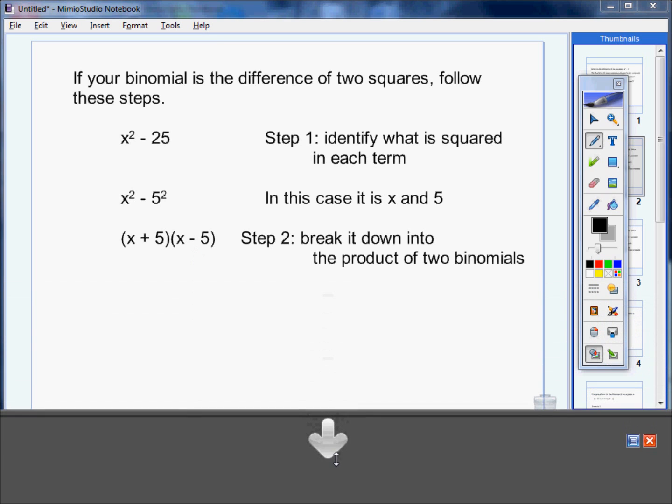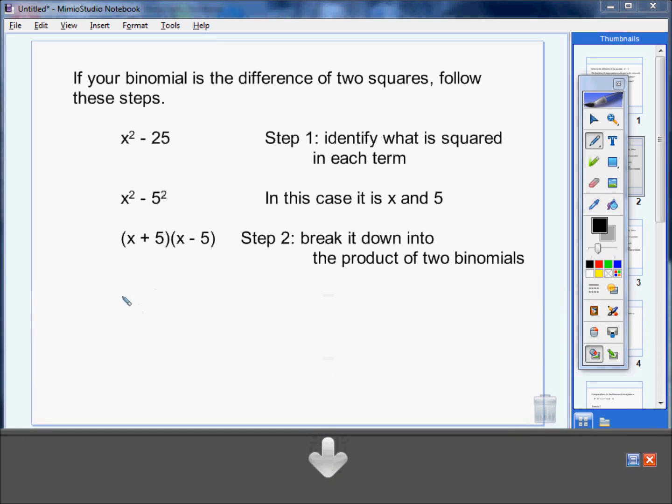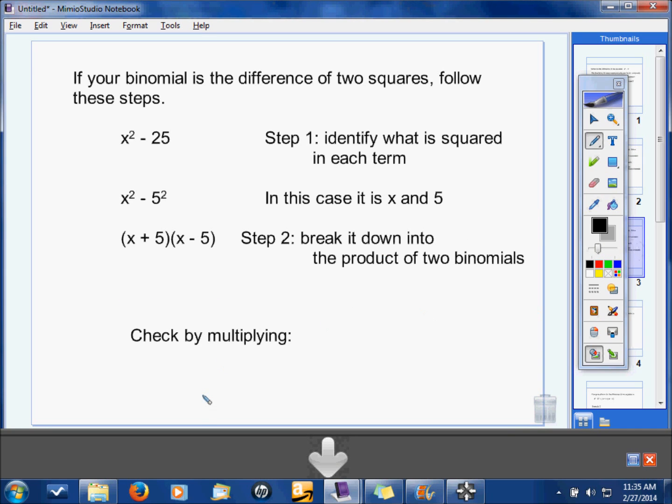Now, what we can do is we can check this. This next slide just added check by multiplying. I didn't get rid of anything. So we're going to check this by multiplying. Let's do x plus 5 times x minus 5. The first terms give x squared. The outer terms give negative 5x.